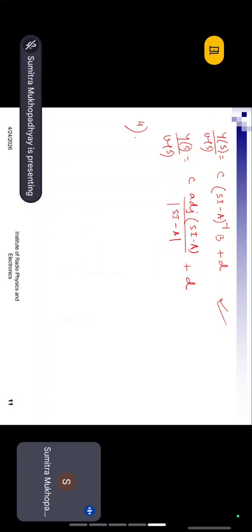So the fourth one is we have to find out the resolvent matrix, that is phi(s), and that is equal to (sI minus A) inverse. This part you have to find out.